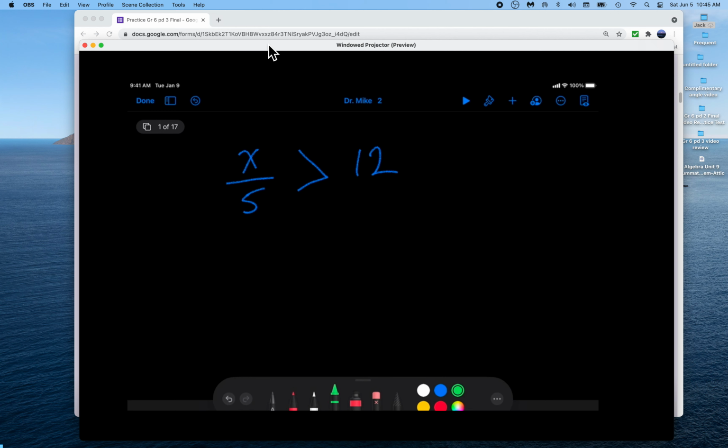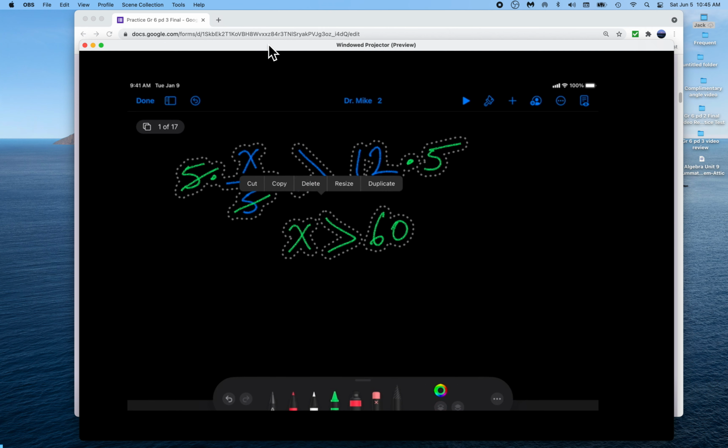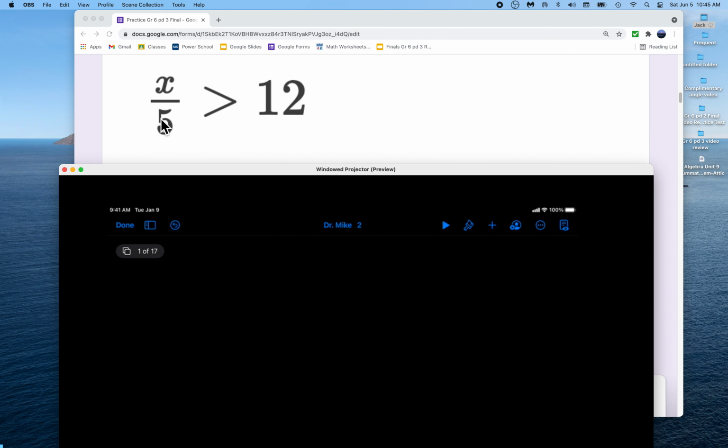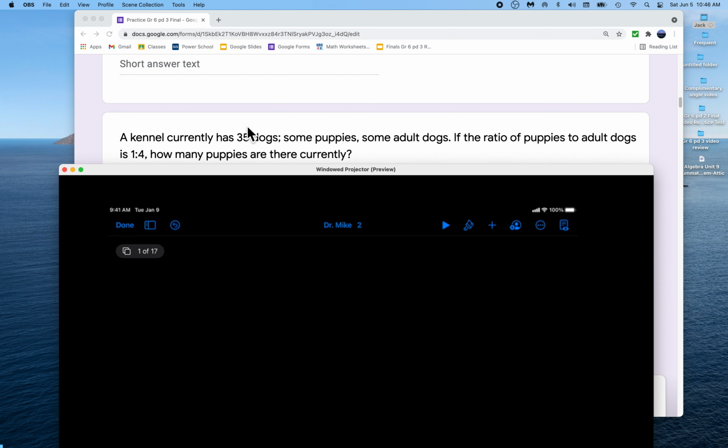What is the operation being done between x and the neighbor? Division. How do we undo it? With the inverse operation. The second we do that to that side, we do it to the other side. These cancel out, and we get x is greater than 60. You'll see another example later on in this video where during the process of solving for x, we had to either multiply or divide by a negative number, and when we do that, we flip the direction of that sign.